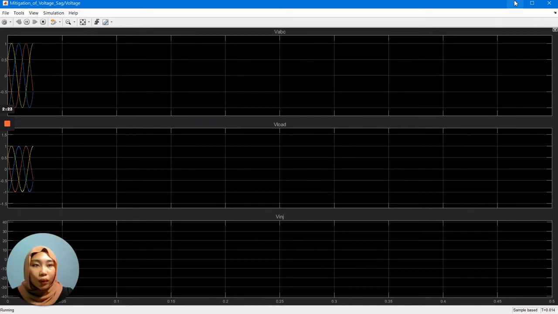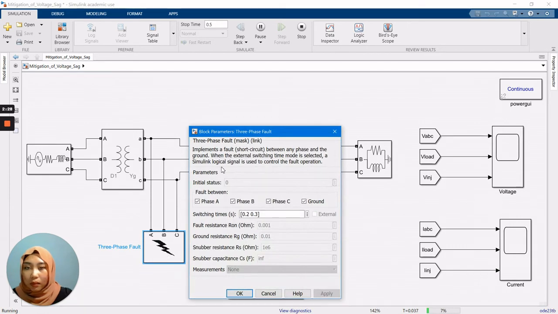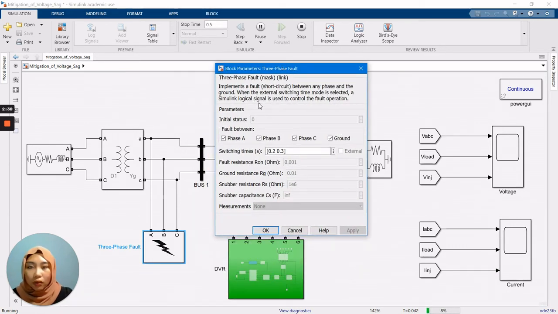So while we run the simulation, I will explain about the block of the previous fault. This block is used to create the problem in the system.